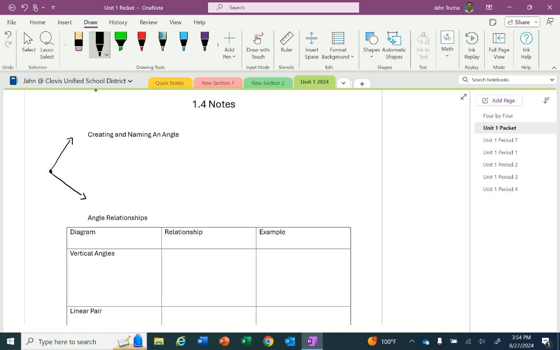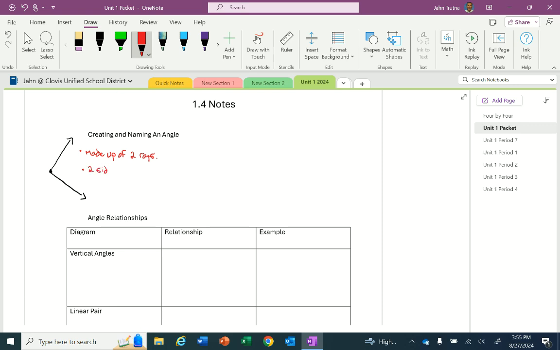Let's give it a couple of bullet points. So first of all, it is made up of two rays. And there's the first bullet point right there. The second bullet point is that it has two sides.